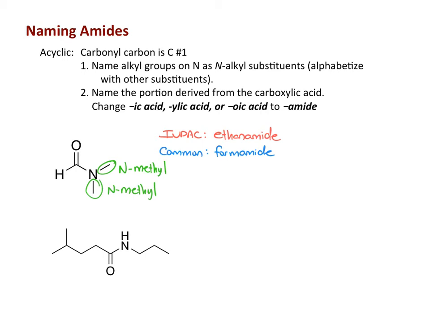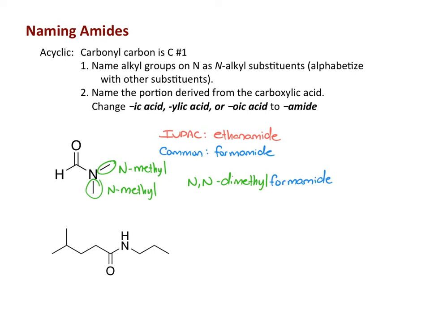So for this, what we can do is just like we would do if we had 2 methyl substituents on carbon 3, you would do 3,3-dimethyl. What we'll do here is we'll do N,N-dimethyl. And we could do ethanamide or formamide.